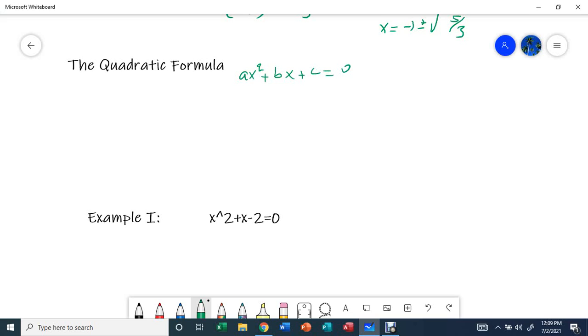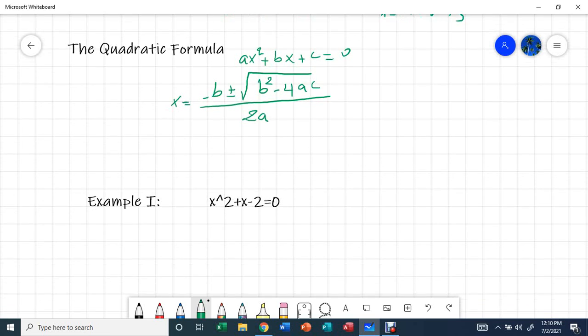So the quadratic formula is x equals negative b plus or minus the square root of b squared minus 4ac, and the whole thing divided by 2a. So let's apply this formula and solve a couple of examples.